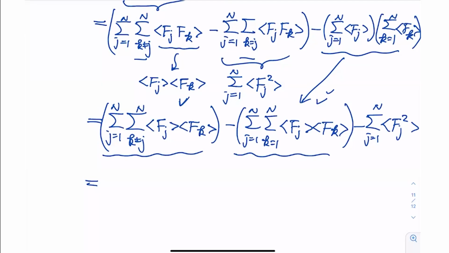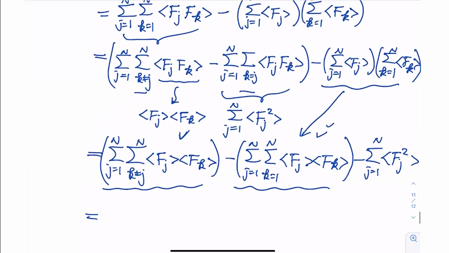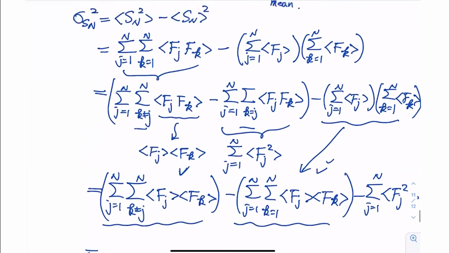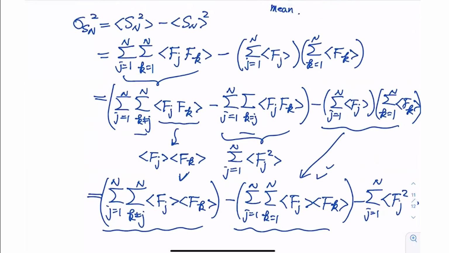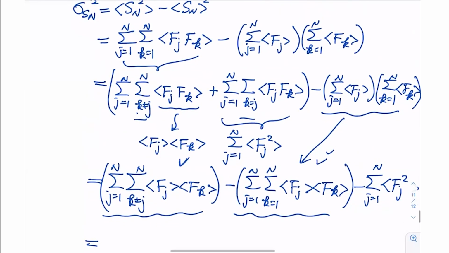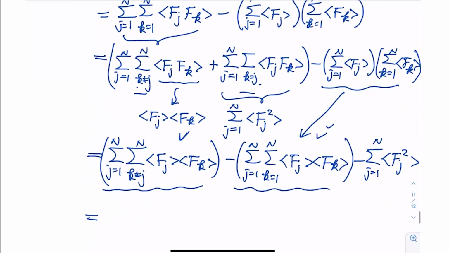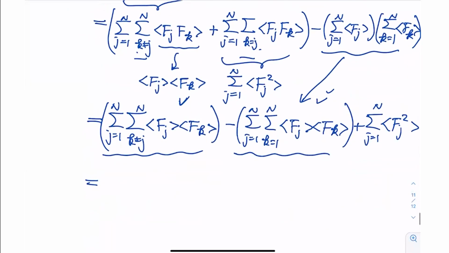Wait, I think I made a mistake. Hold on a second. Here there should be a plus sign, because I divide my sum into k not equal to j and k equal to j.